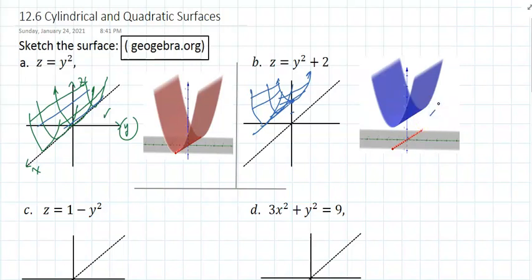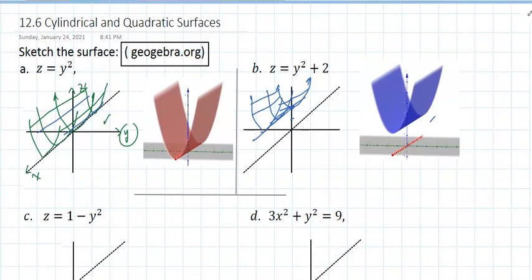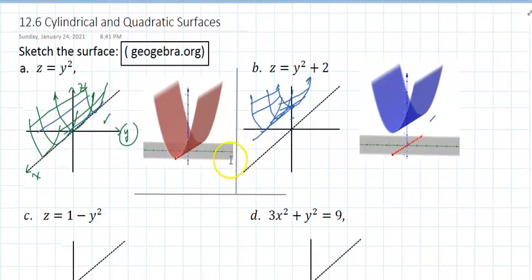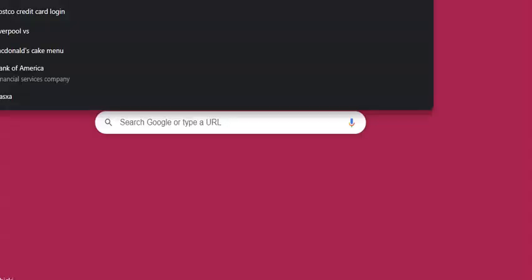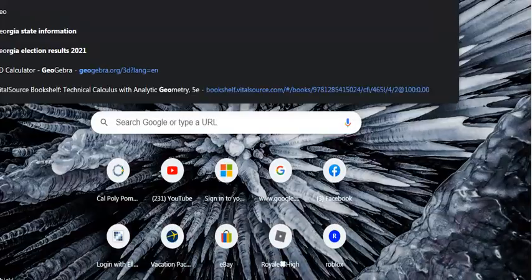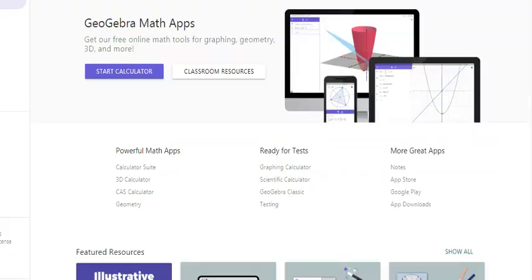By the way, if you go to GeoGebra, you have to really rotate the axis. I'm going to show you one really quick. Okay, so I'm going to go to that website really quick and show you. There's the site.